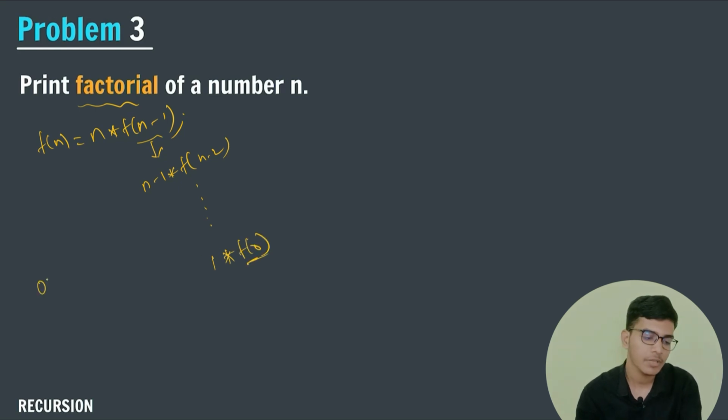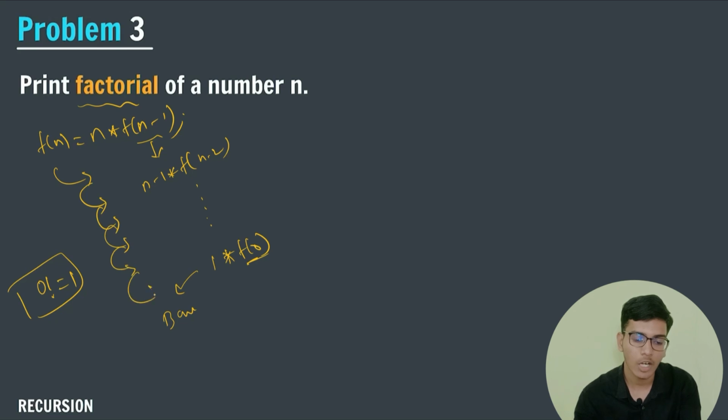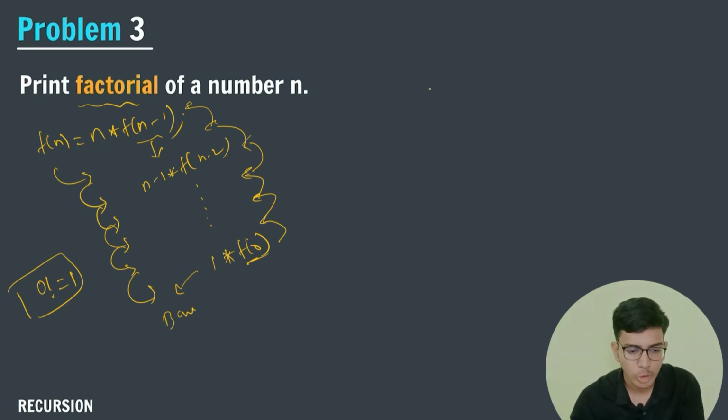So we already know that factorial of 0 is equal to 1 and this will become my base case, right? This function call will continuously take place until I get my base case. After it, I will calculate the factorial while returning control to my previous functions. Right, this is how the concept of calculating the factorial of a given number works. Now let me write the pseudocode of this question.